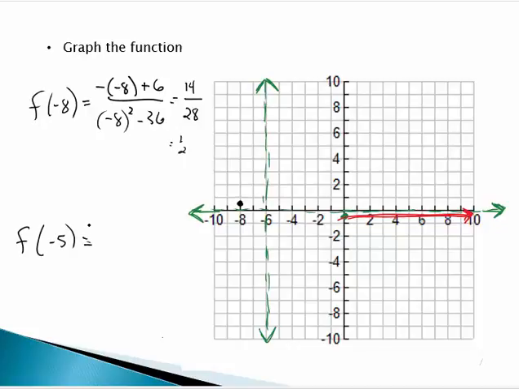Now plug in the -5: -x plus 6 on top, and on the bottom, 5 squared minus 36. That should be a negative value, so 11 over 25 minus 36, which is -11. So that gives me -1. So that's (-5, -1).